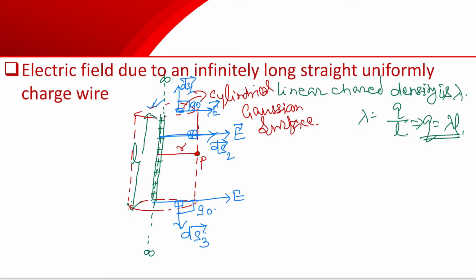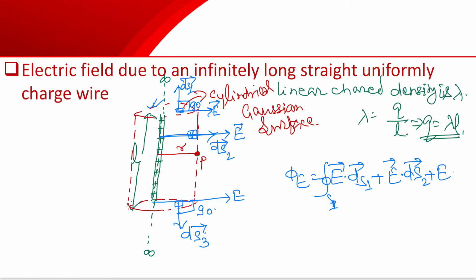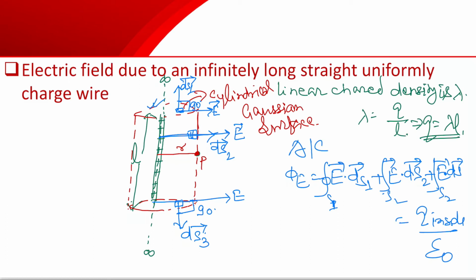For that we can write: Phi E equals the integration of E dot ds1 over surface s1, plus the integration of E dot ds2 over s2, plus the integration of E dot ds3 over s3, and that will be equal to q inside upon epsilon naught, according to Gauss theorem.